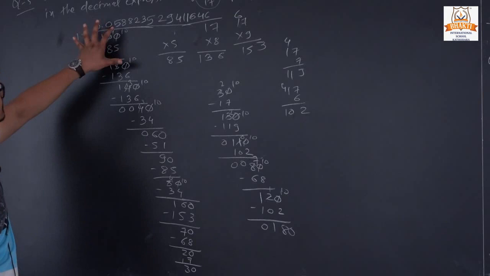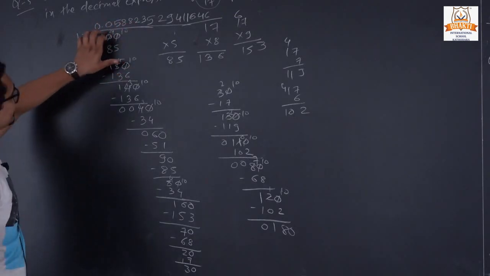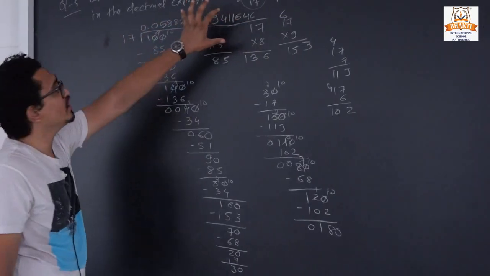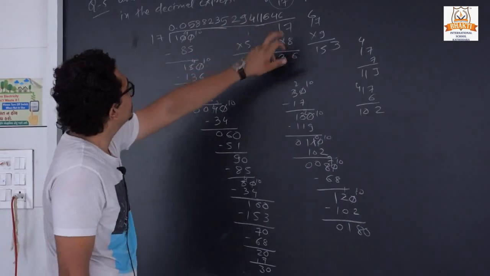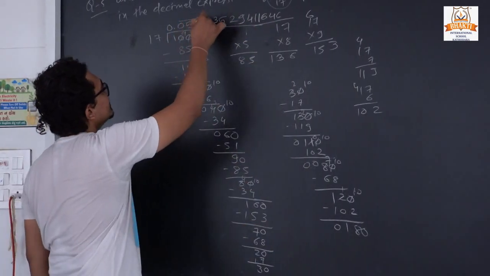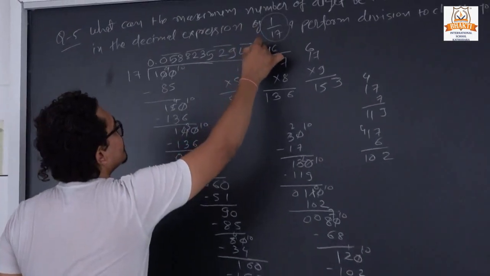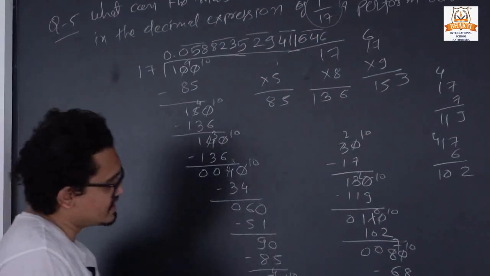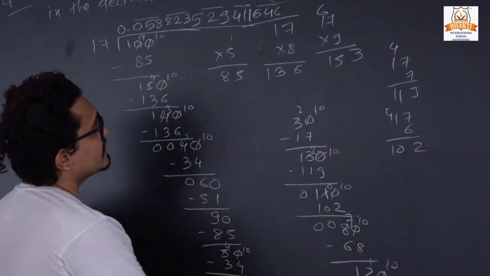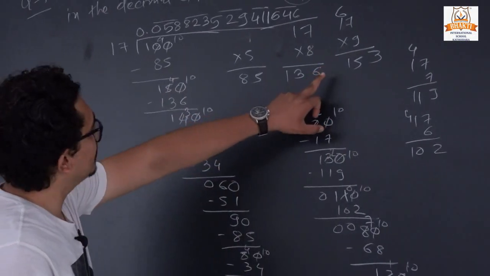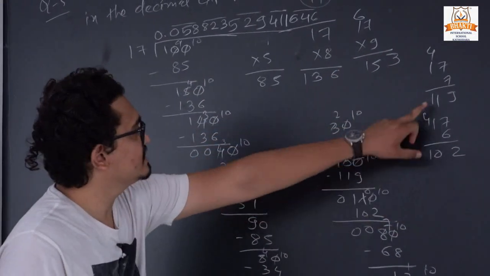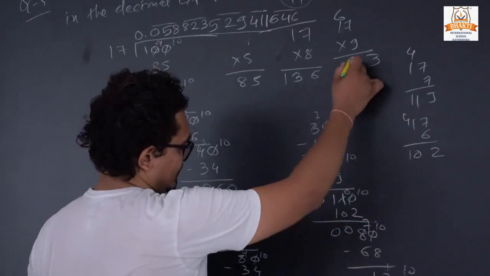So it means we are continuing with the division. So after 16 digits, see 3, 6, 9, 12, then 15, and last is 16. So 17 9s are 153.